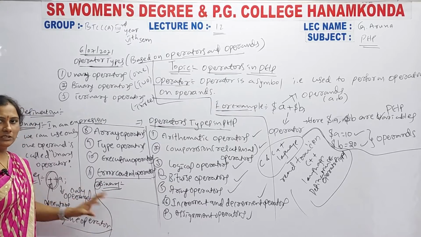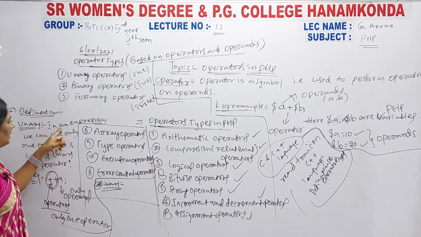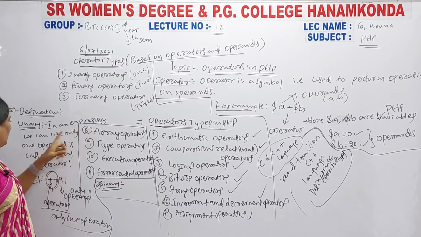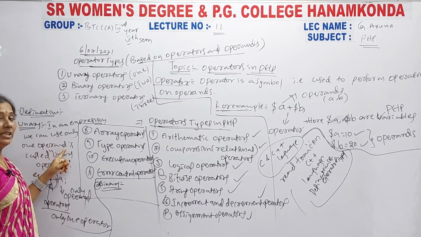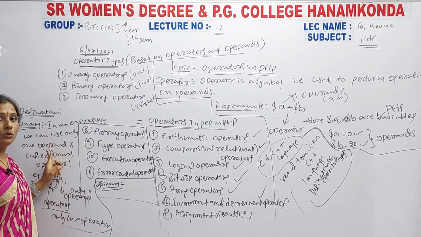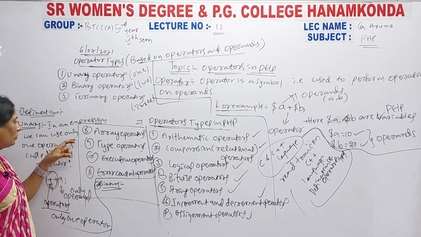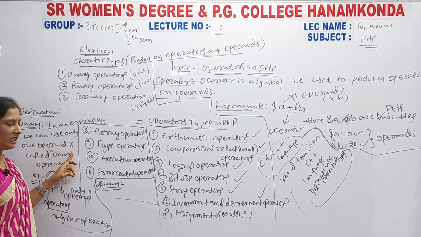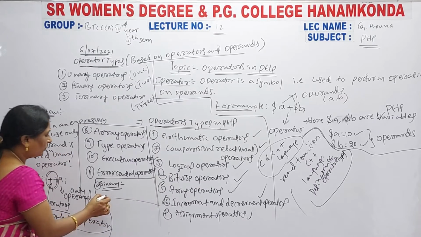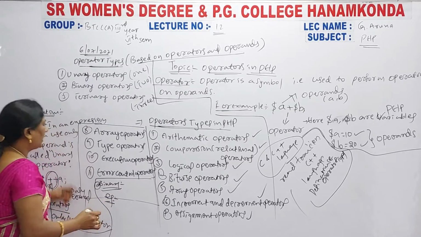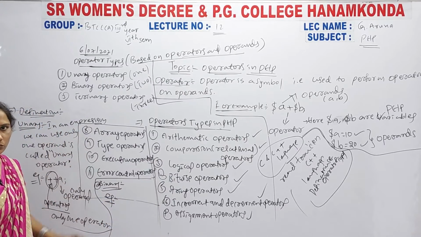Binary definition: in an expression we can use 2 operands, which is called a binary operator.